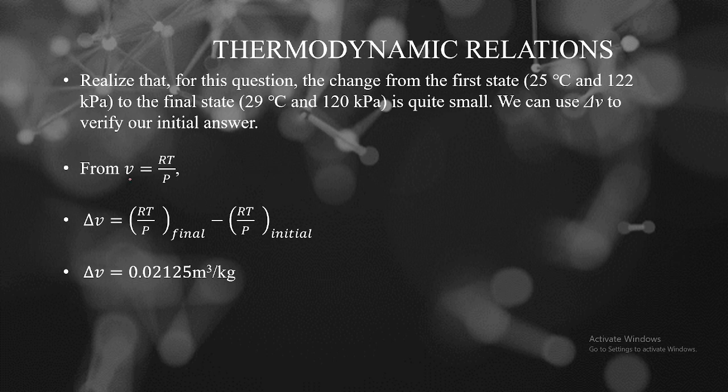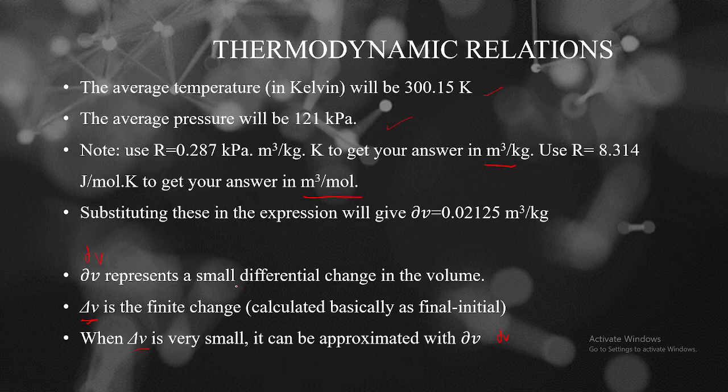So once again, my v is equal to rt over p. So the delta v is going to be rt over p at the final state minus rt over p at the initial state. I can put in the values. So this will be t2, this will be p2, this will be t1, this will be p1. And when I do that, I should end up getting this expression. So as I said, I would confirm something at this point for the next slide.